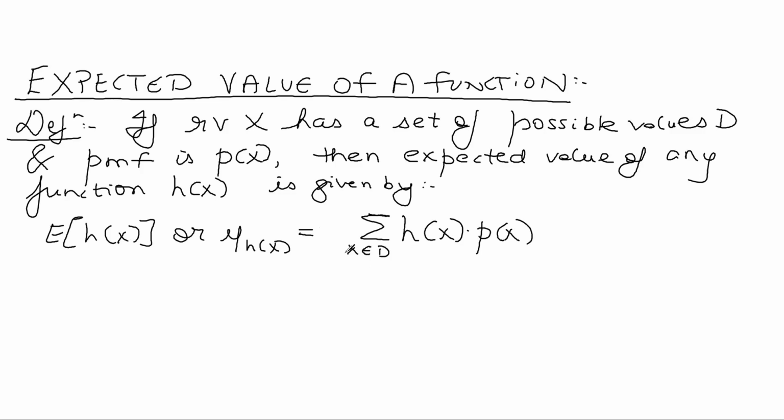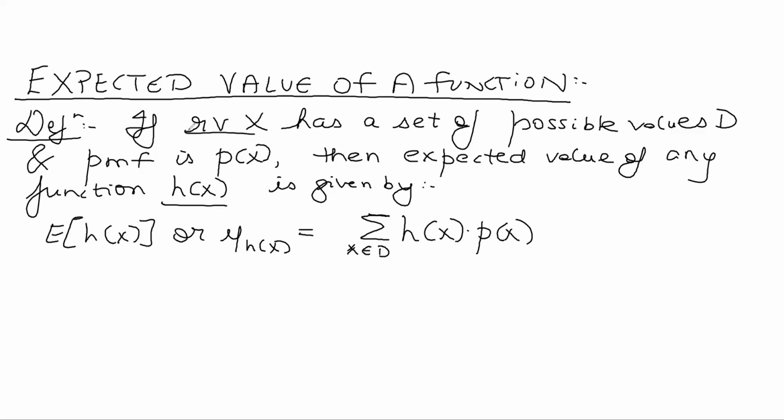So now in the last lecture we were finding the expected value of a random variable x. In this lecture we are finding the expected value of a function of x. So let that function be h of x.